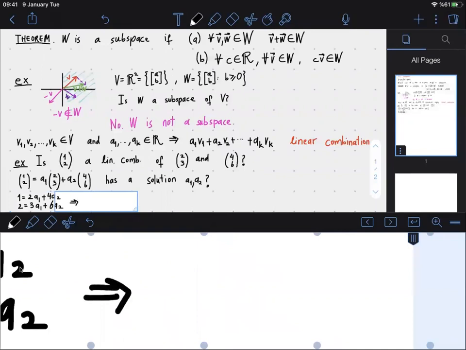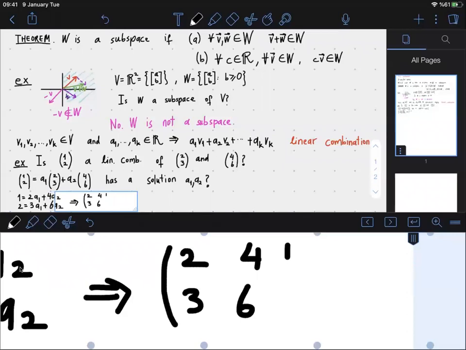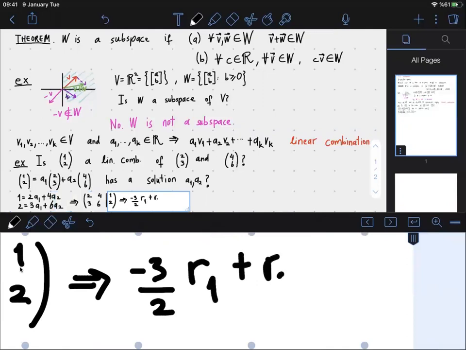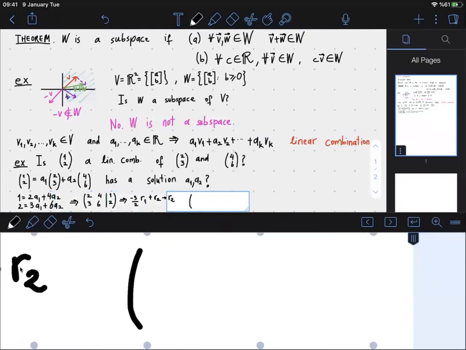One way of seeing this is to use the standard procedure. We write the augmented matrix and look at whether this system has a solution. If I multiply the first row by minus 3 over 2, add it to the second row and replace the second row, then we get 2, 4, 1.